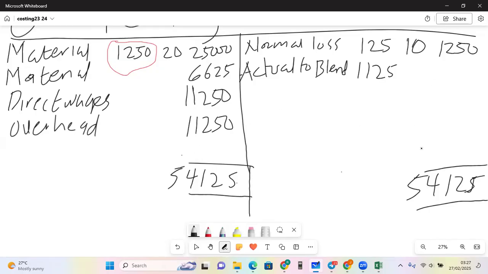Value this. What we are going to do is subtract this total value from the normal loss value.